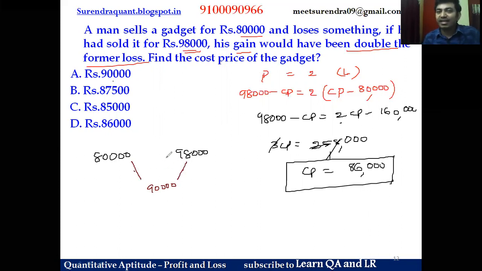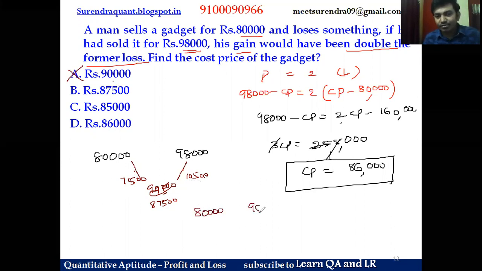In fact, loss is more than gain. Nothing to worry. If you make it 87,500, the loss is 7,500. Gain is how much? 10,500. Is the profit 2 times the loss? No. But somewhat, something very weird. Okay, let us remove this.